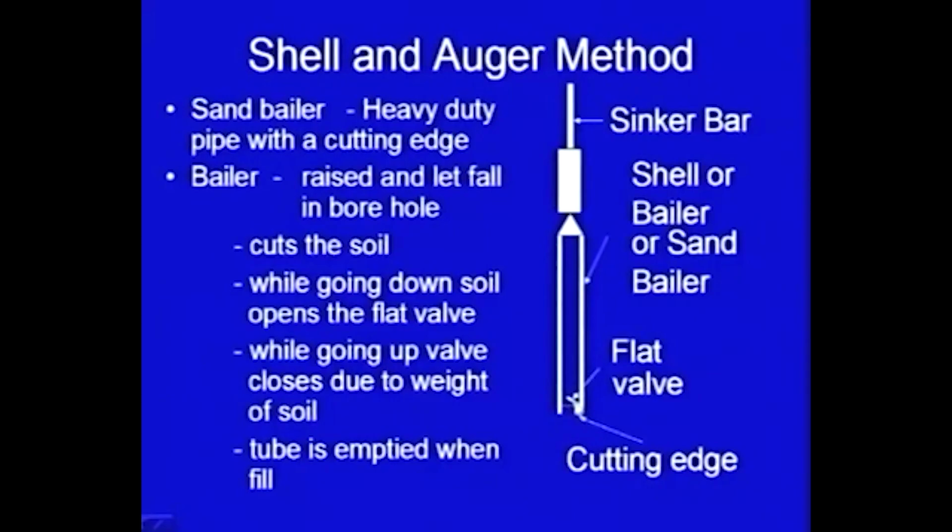There is a valve here, this valve opens. So, when soil enters in the pipe, the valve will open, and when this pipe goes up, when this sand baler goes up, this valve will close. So, after number of repeated cycles, this pipe will be filled up with soil and then it can be taken out.